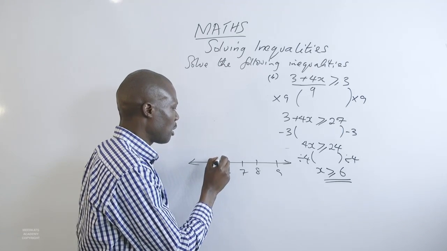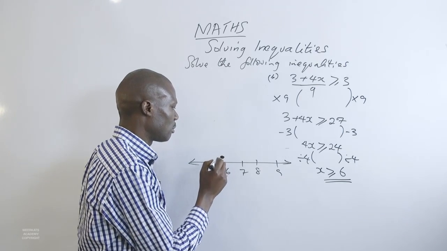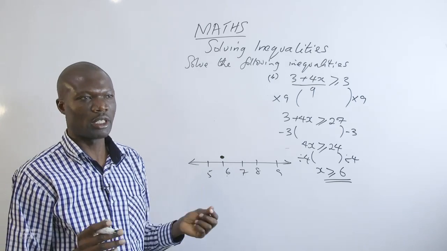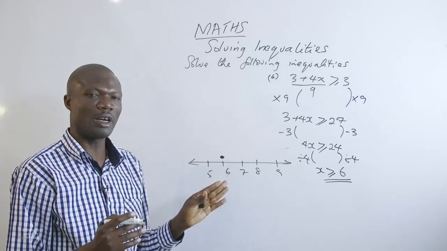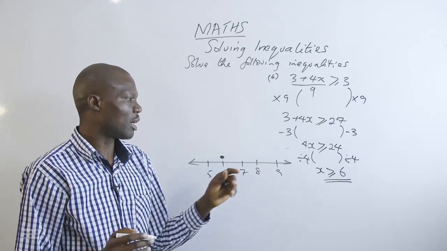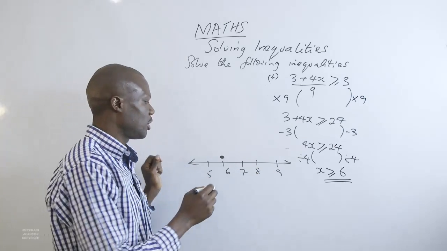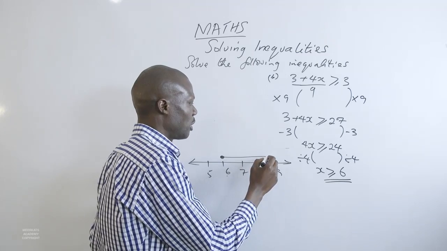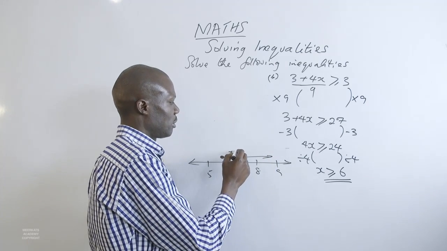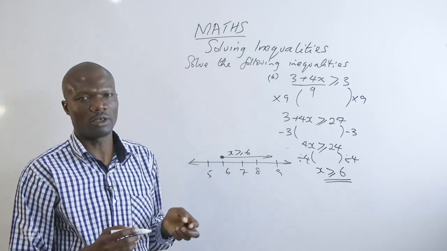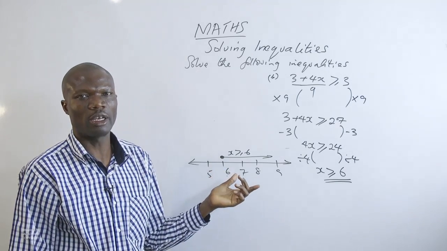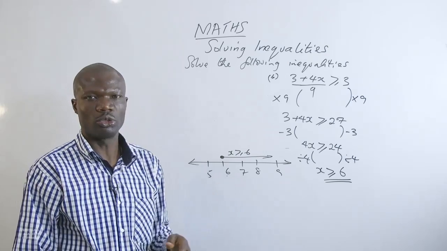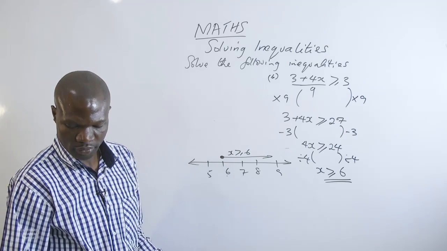So we shall have a closed circle. A closed circle means the point where we're starting is inclusive. So 6 here is inclusive, and it should be greater than 6, so it will move in that direction. So that is the solution for x is greater than or equal to 6.